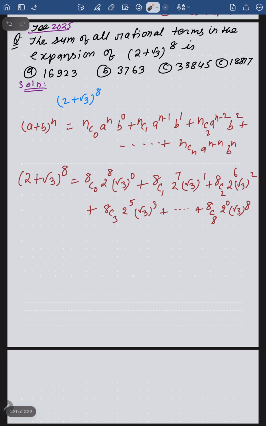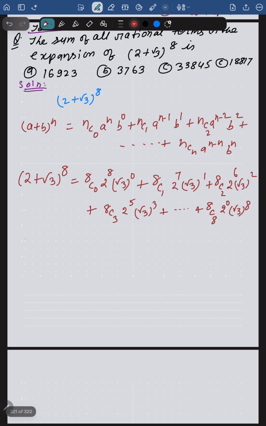This again will give you an irrational term because (√3)^3 is 3 into √3. So you can conclude that all the even-numbered powers give rational expressions, so we will have to find the addition of all those rational terms.